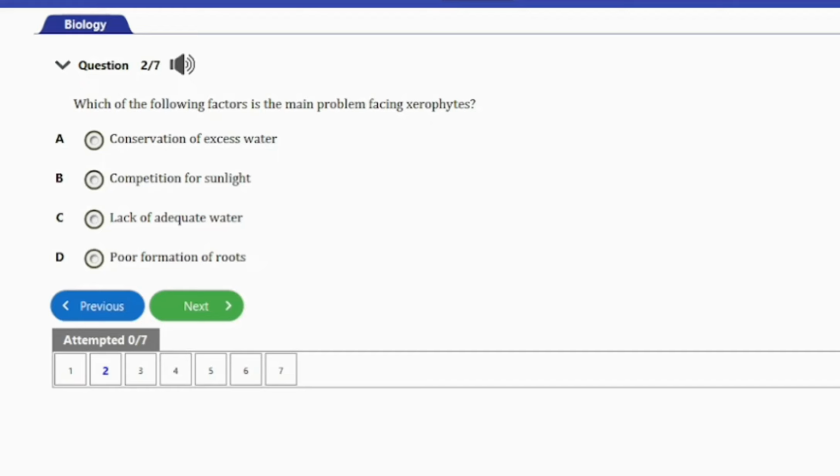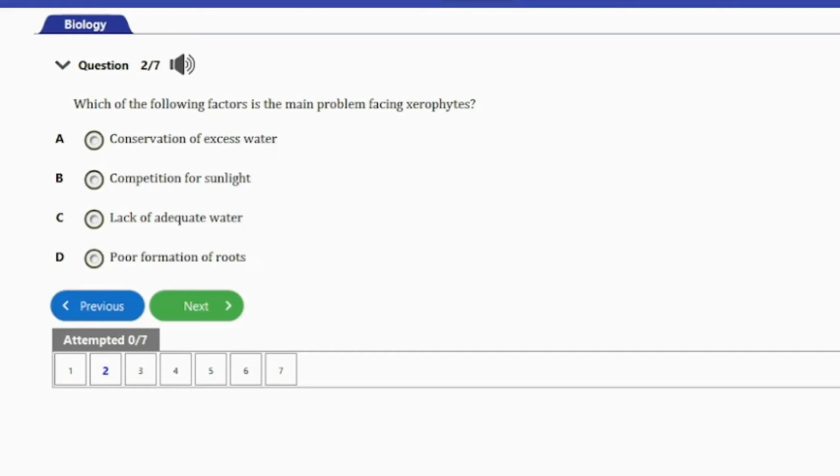Question number 2 here, it says, which of the following factors is the main problem facing xerophytes? A. conservation of excess water, B. competition for sunlight, C. lack of adequate water, D. poor formation of roots.